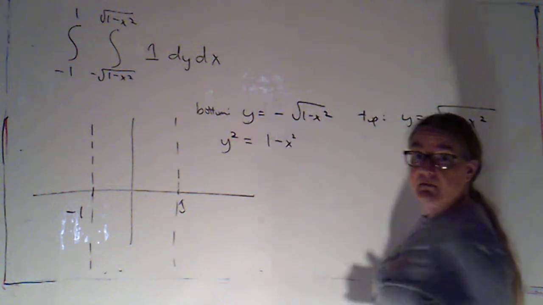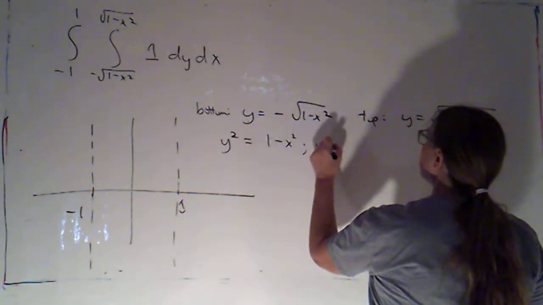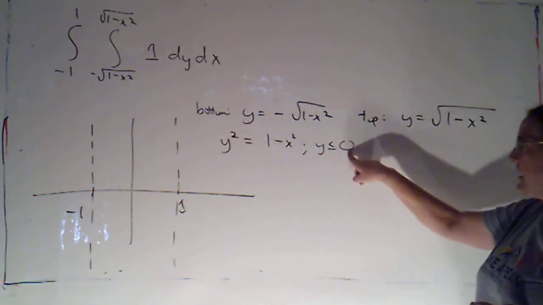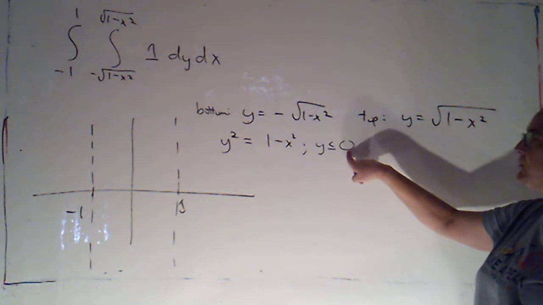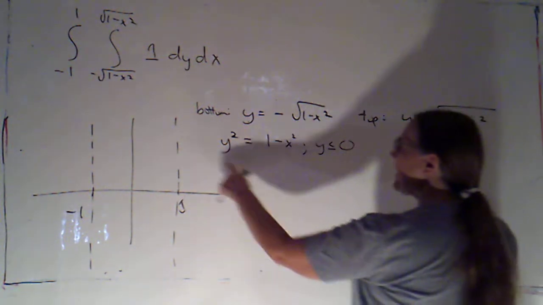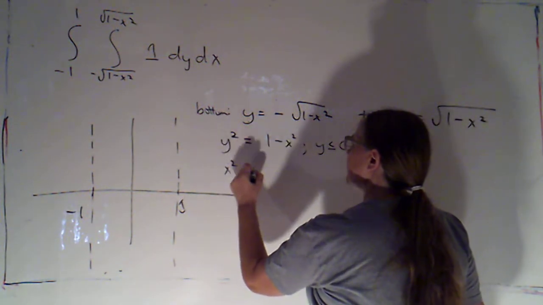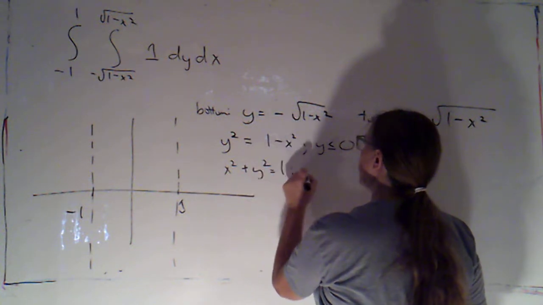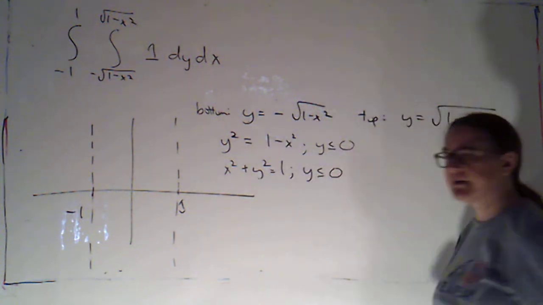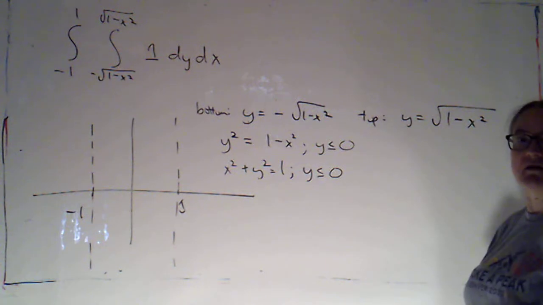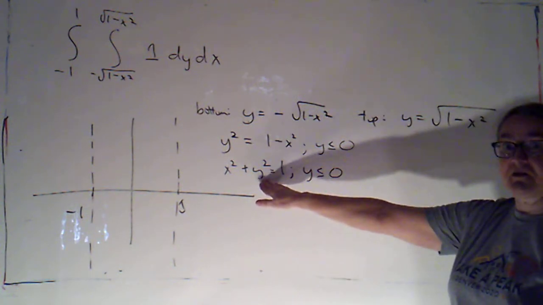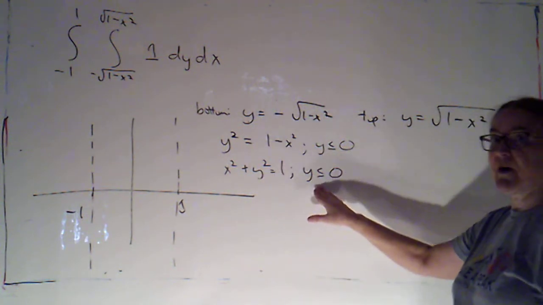Here, it looks like y could be positive or negative, so I'm going to make sure that I record that I want just y less than or equal to 0. But if I add over that, x² + y² = 1, y ≤ 0, I know what that looks like. That's the unit circle. This says take the bottom half of it.